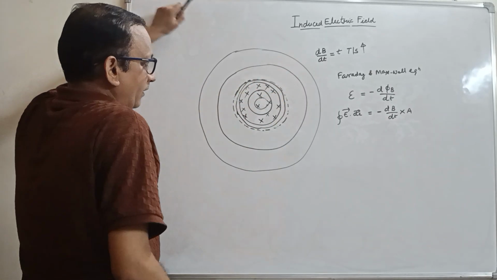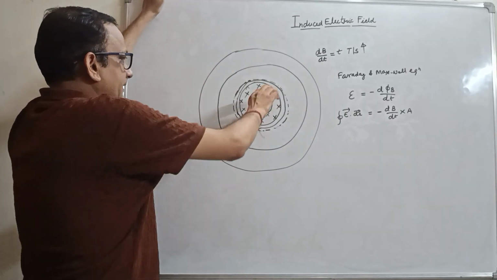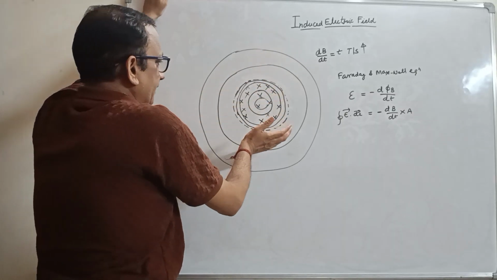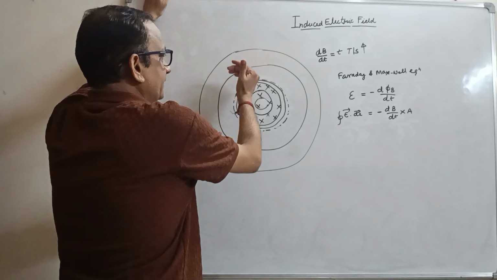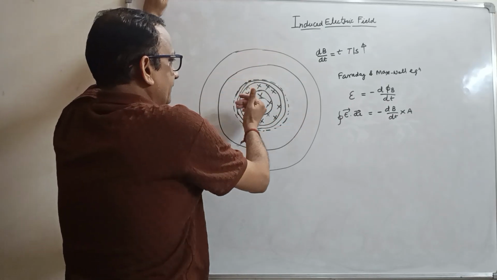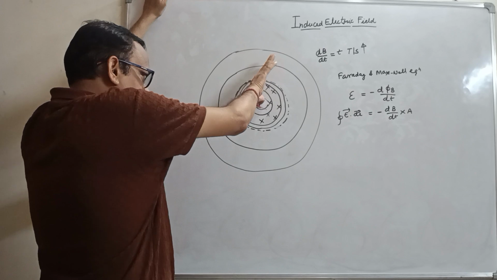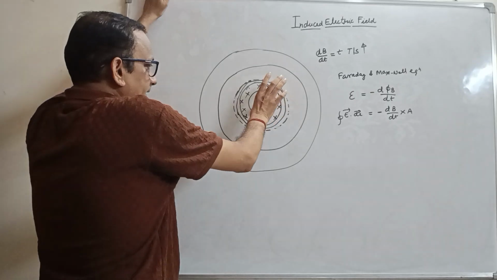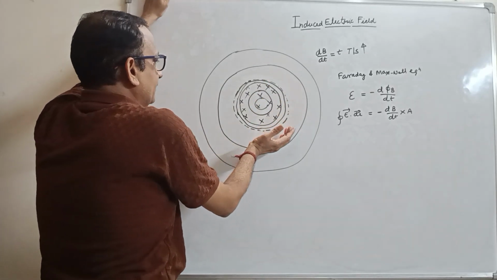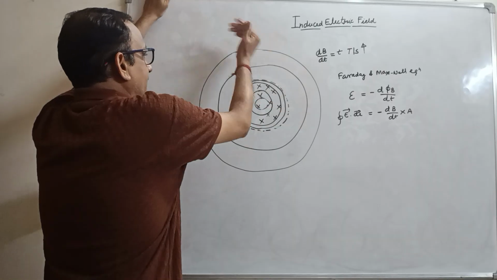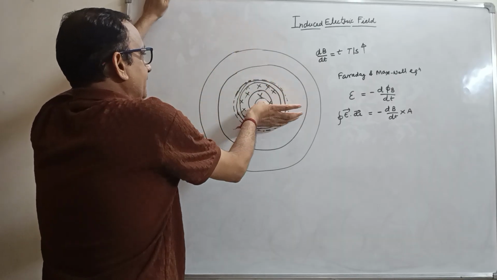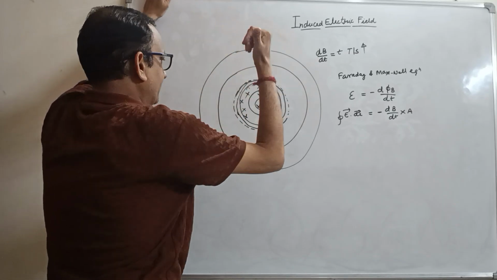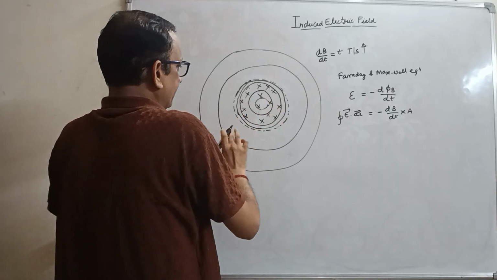So according to Lenz law, the induced EMF is produced in such a way that it opposes the change in magnetic field. The magnetic field is increasing inward, so the induced magnetic field generated would be in the outward direction.